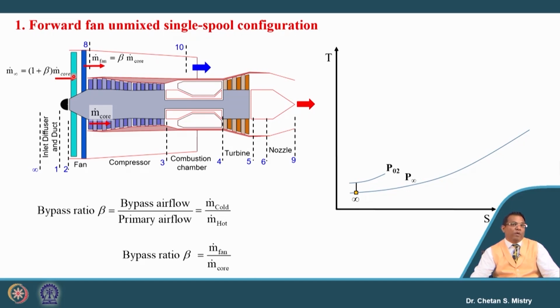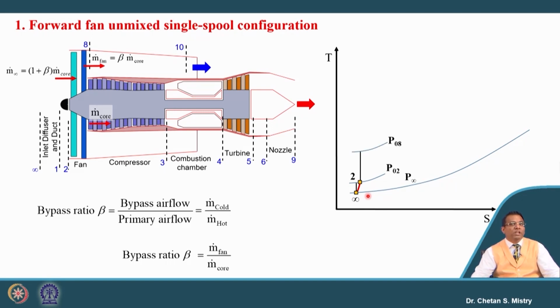That is what we call a diffusion process. Diffusion is nothing but an increase of pressure. That is what we are doing here from infinity to P02. This represents the actual process.